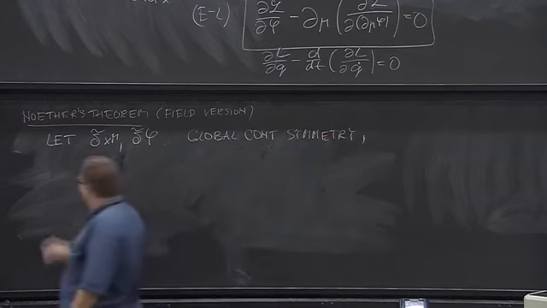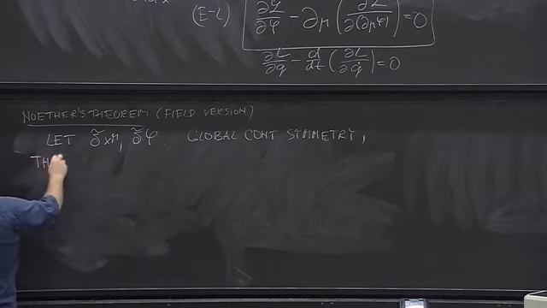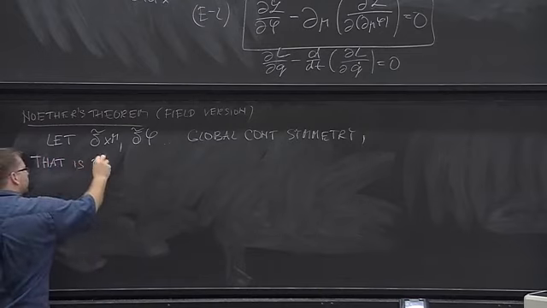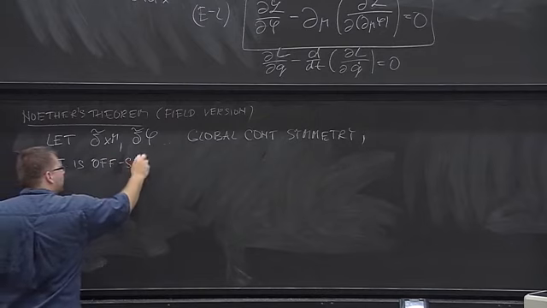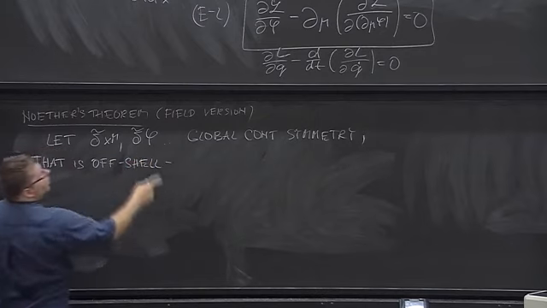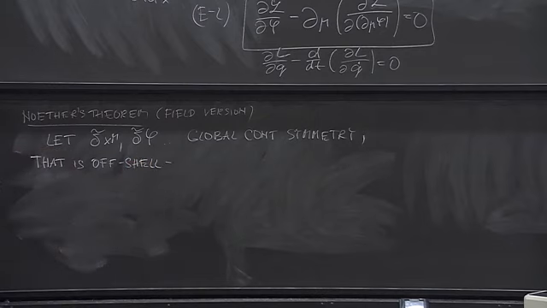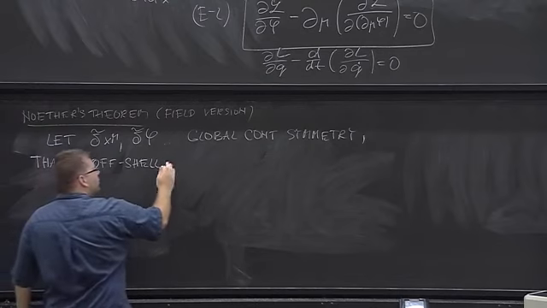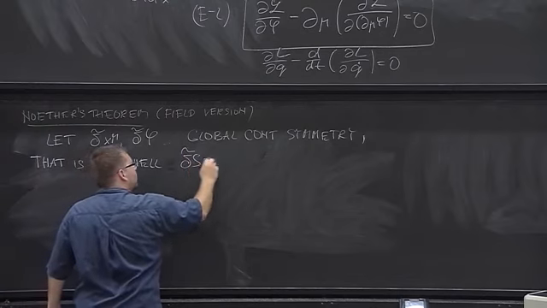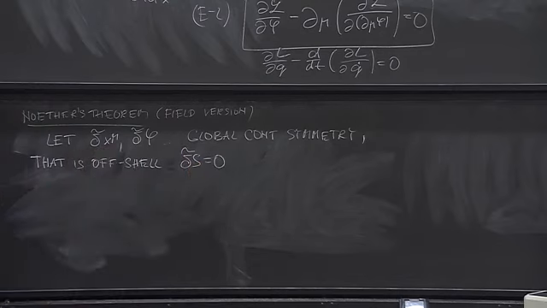That is, off shell, so without imposing the Euler-Lagrange equations, I find that delta tilde S equals 0. That's what I mean by global continuous symmetry. So let's say you find such a transformation.